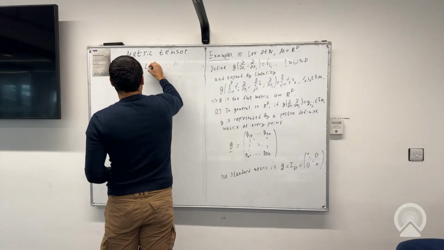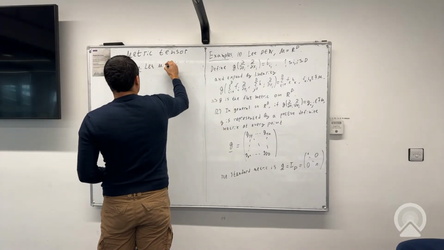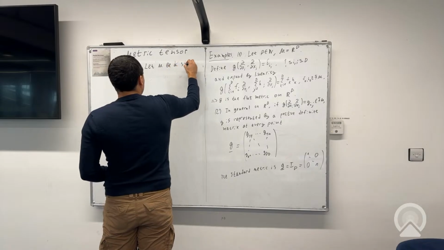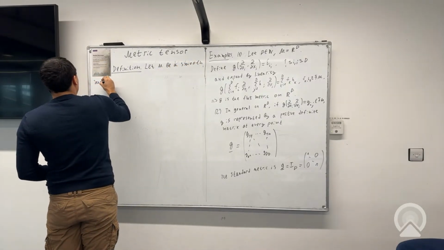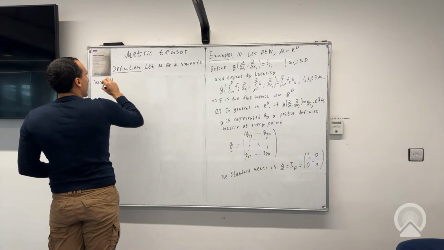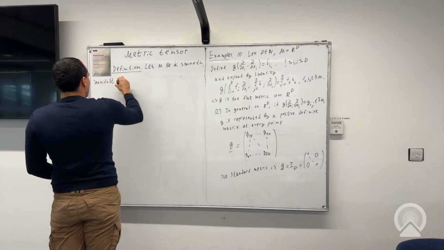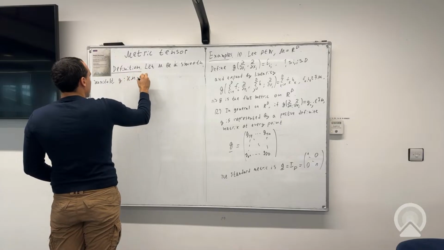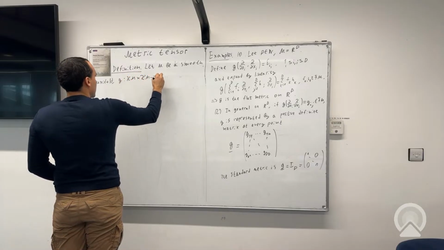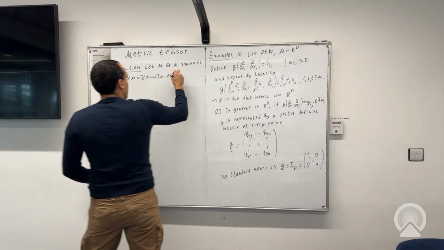Start with a smooth manifold M, and let G from vector fields times vector fields to functions be a metric.